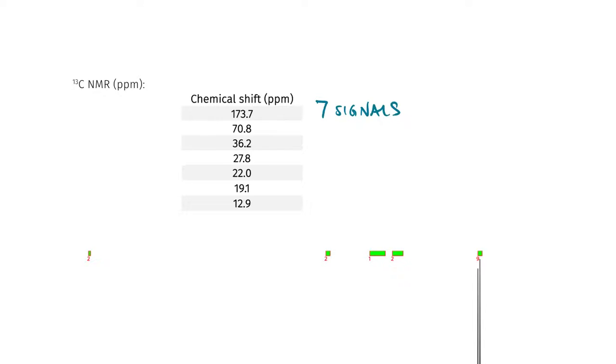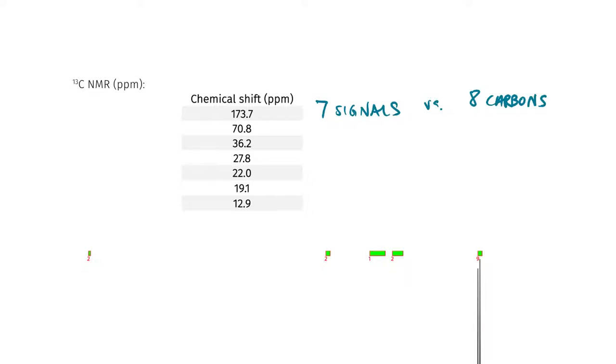So what you want to do immediately is compare number of signals to number of carbons in your formula. How many carbons do we have? Okay, so 7 signals versus 8 carbons. What does it mean? Another carbon is the same as another carbon.